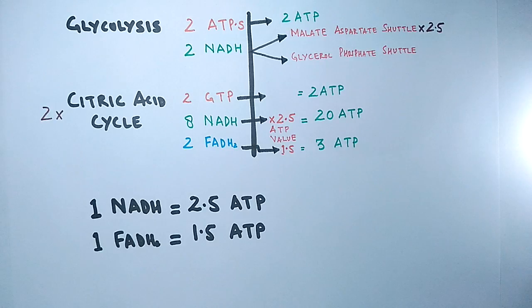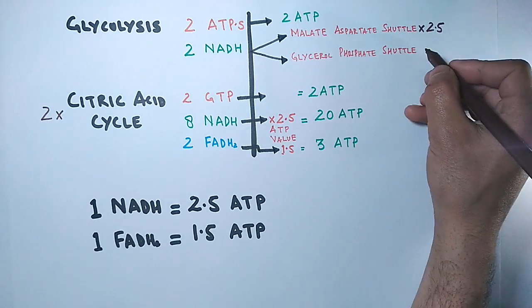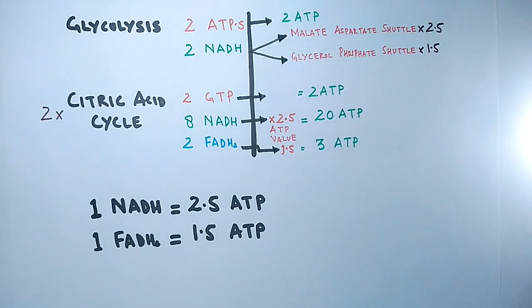Whereas if the electrons from NADH are delivered via the glycerol shuttle, then the value decreases to 1.5 ATPs per NADH molecule, as in the glycerol phosphate shuttle, the final regenerated molecule in the matrix is FADH2 instead of NADH. So the value comes out to be 1.5 ATPs from the glycerol phosphate shuttle.